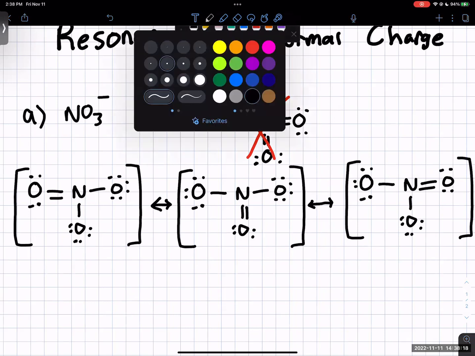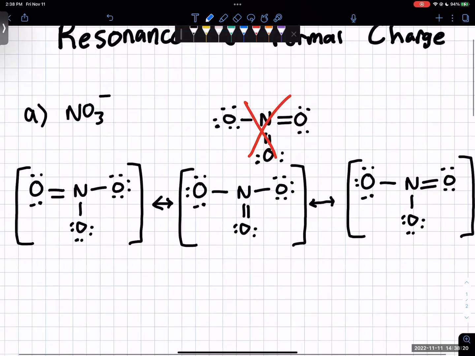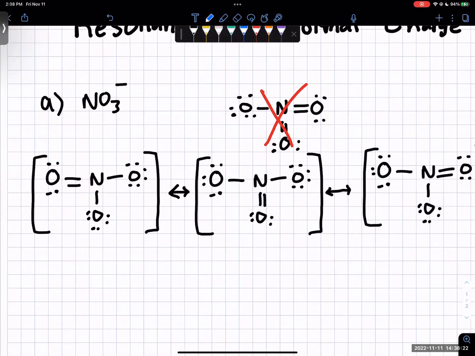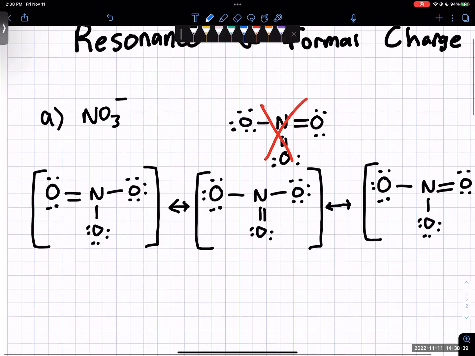So for formal charge rules, let's do this in blue. We know that an oxygen that has 2 bonds and 2 lone pairs is going to have a formal charge of what? Anyone want to say that? 0, right? Why do we know?